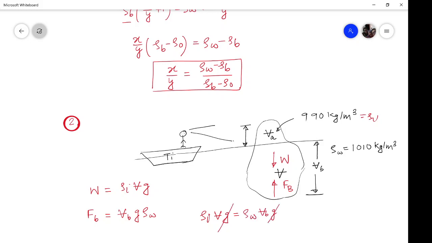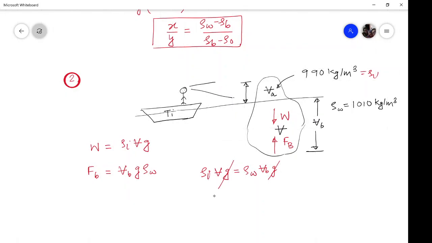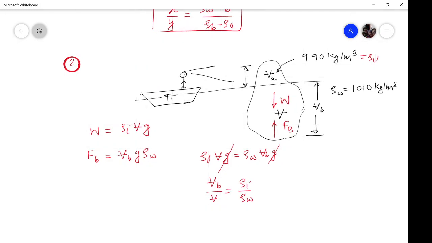So you can cancel this and you are left with, so how much volume is there? That is rho I by rho W. Okay, so what is rho I, iceberg? That is 990, and what is rho W? That was 1010. So how much volume was visible above?